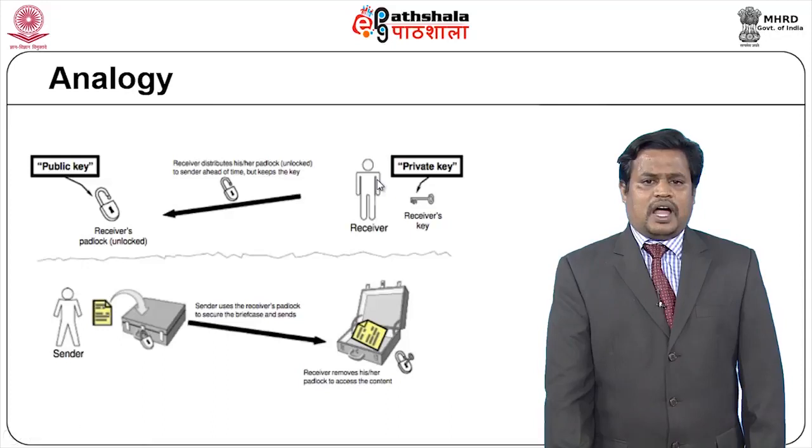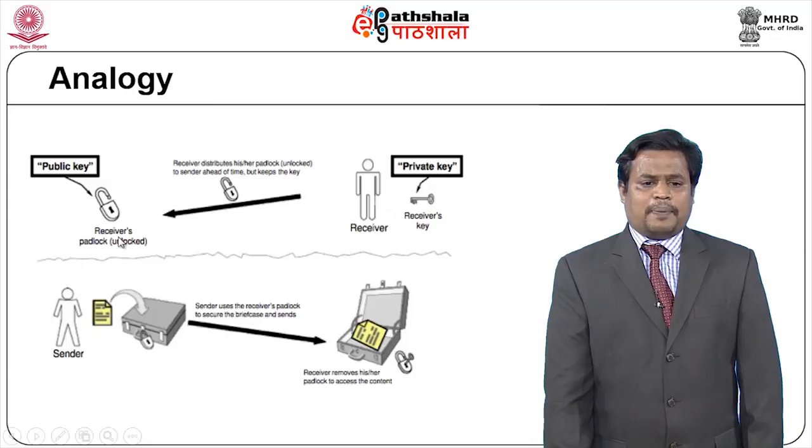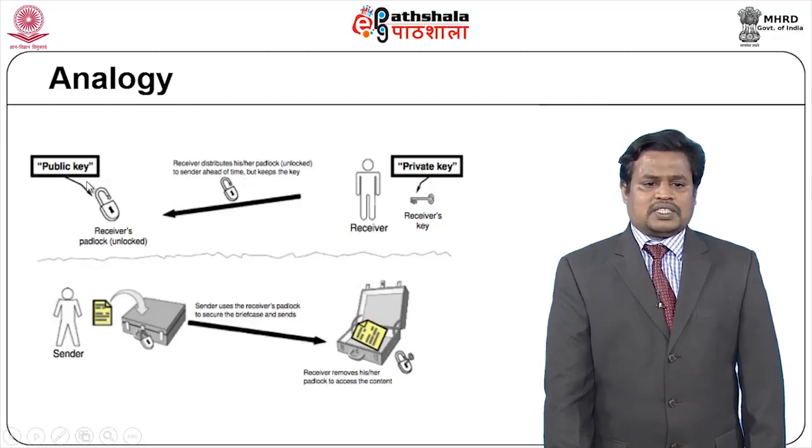So before I start sending the message, I need to know the public key of the receiver. The receiver distributes the padlock to the sender. It is not secret information, because it is called public.